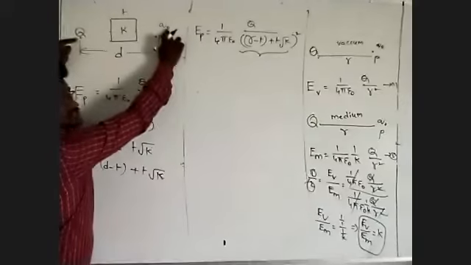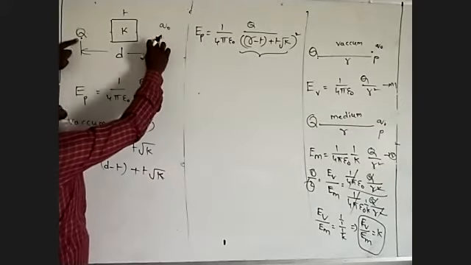How can we calculate this? Here I'm going to explain. This is a capital Q, this is a point P, and Q naught is a test charge placed at this point.